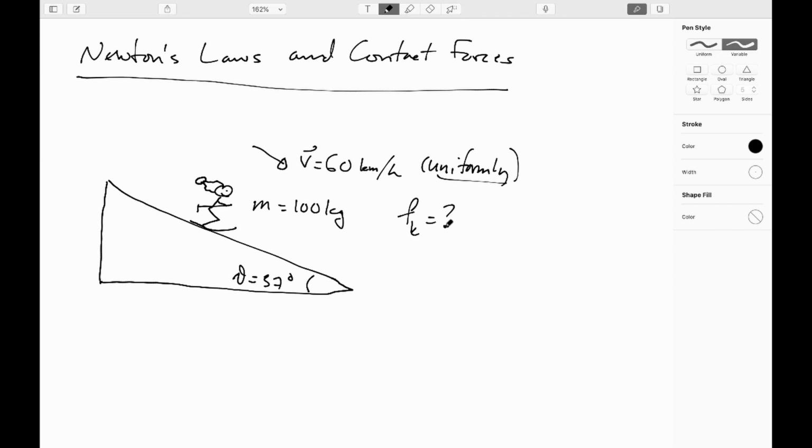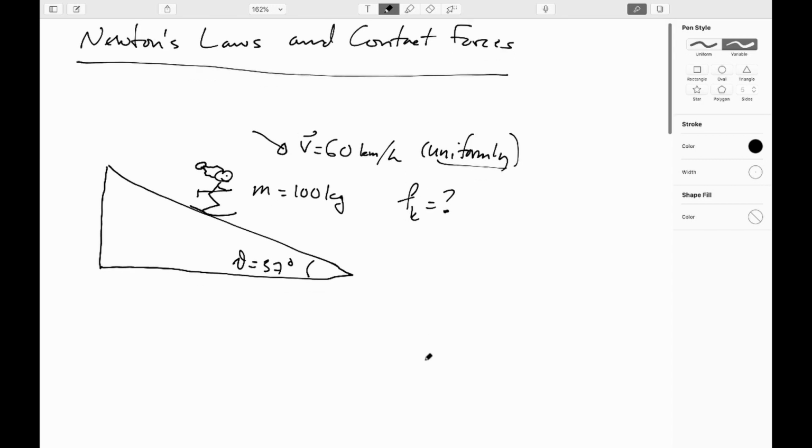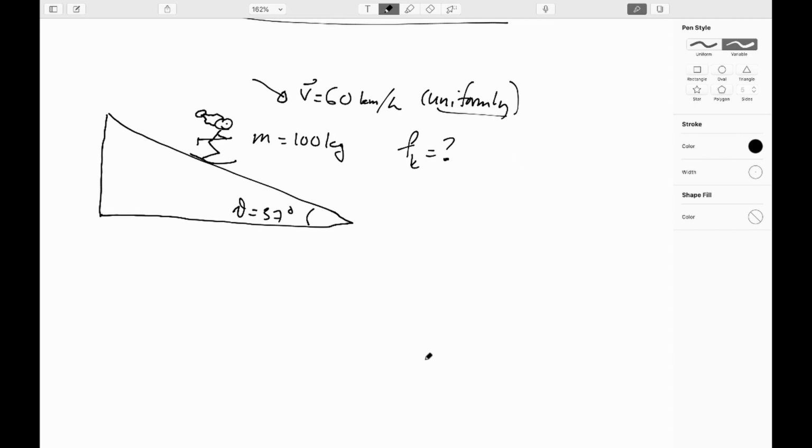Now we'll do more in a bit to model friction forces, but for now let's go ahead and analyze this problem. So whenever you've got an inclined plane, one of the very first things you are going to want to do is pick your coordinate system so that the x-axis is parallel to the plane.